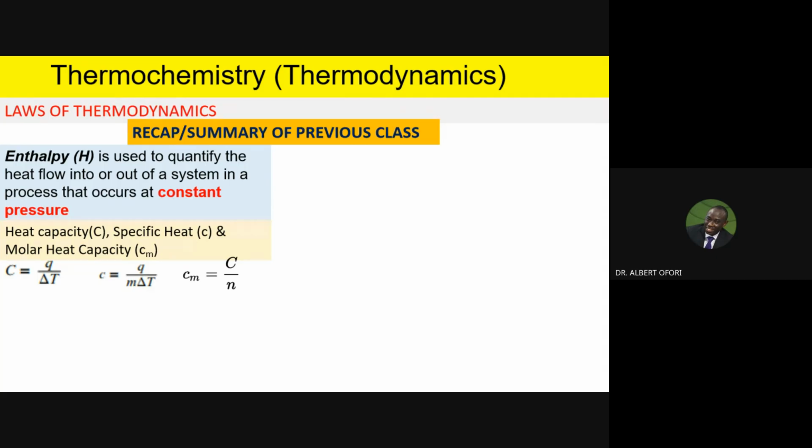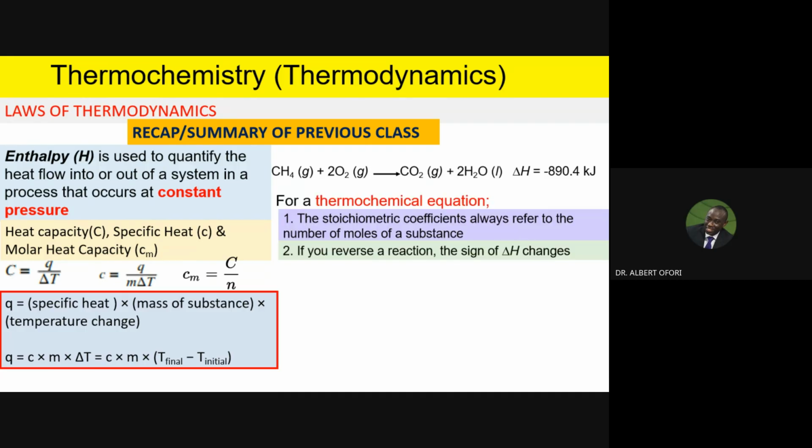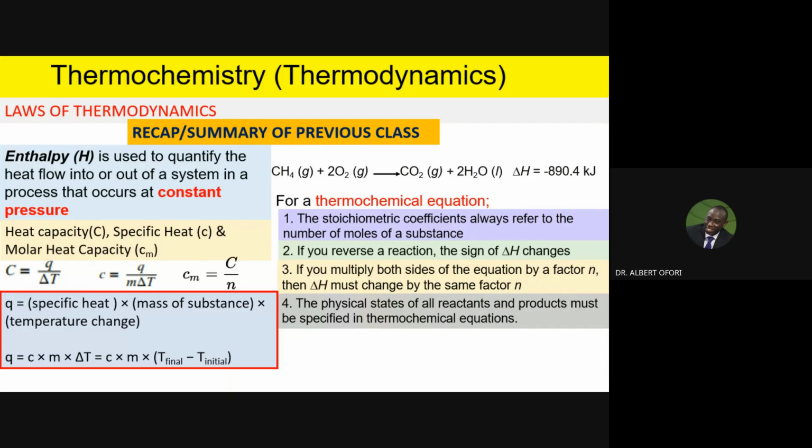Or if you are dealing with specific heat, then the heat is the mass times the specific heat capacity times the change in temperature. If you are dealing with the molar, then the molar heat capacity is just the heat capacity divided by the amount involved. Now we can calculate the heat once we have the changes happening.